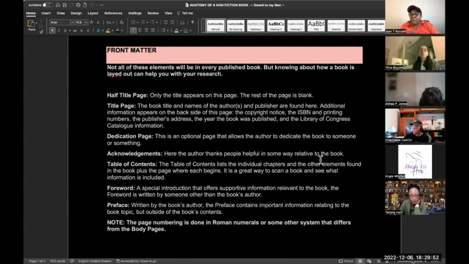The next page is the table of content. And the table of content lists the individual chapters, right? And what I love about table of content, especially when we do the ebooks, right? Not all formatters do this, but this is how it should be.